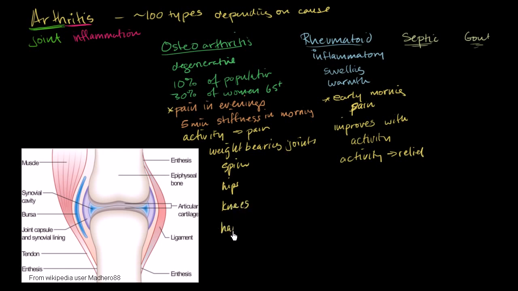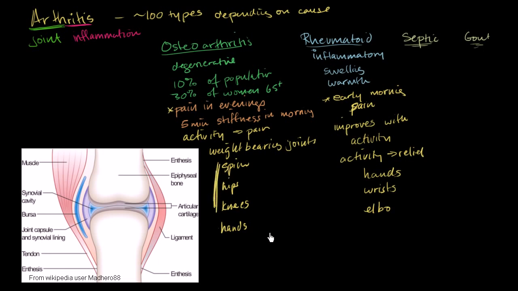Some joints of the hand are affected. In rheumatoid arthritis, since it's not necessarily weight-bearing, you can have arthritis mostly in hands, wrists, elbows, shoulders, feet, and knees and hips as well. But in osteoarthritis, it's the very large weight-bearing joints, and that's important to know.